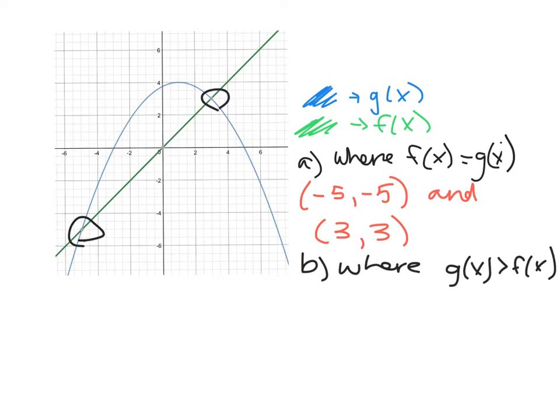So we want the x values of that. Well, we already know that this point here is -5, -5, and this point here is 3, 3. So our x values that we have to be inside of would be -5 and 3 in order for g of x to be greater than f of x.